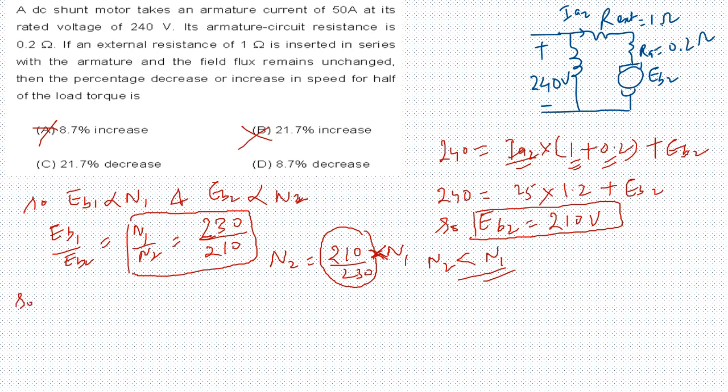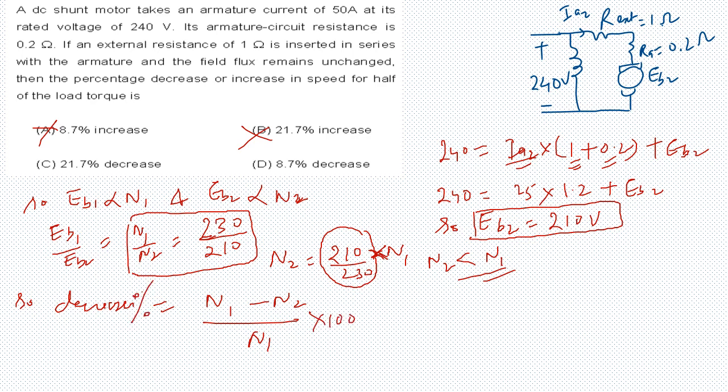So what can we write for the decrease in speed? The percentage decrease is equal to N1, the speed earlier, minus N2, over N1, into 100.